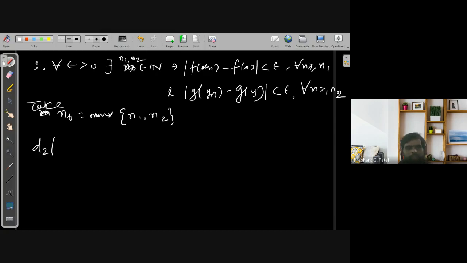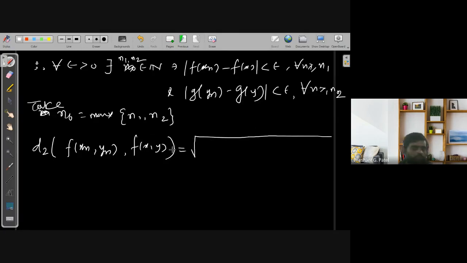Now what is d2 of (f of xn, g of yn) and (f of x, g of y)? I want to prove that this is less than epsilon whenever n is greater than or equal to n0. As per the usual metric, this is the square root of (f of xn minus f of x) square plus (g of yn minus g of y) square.